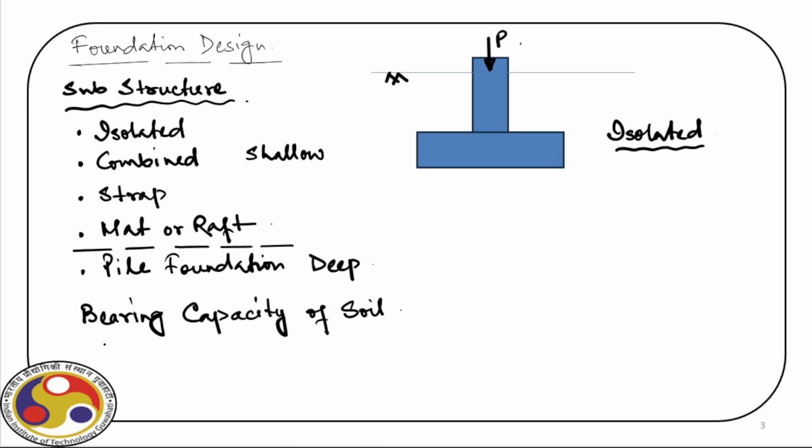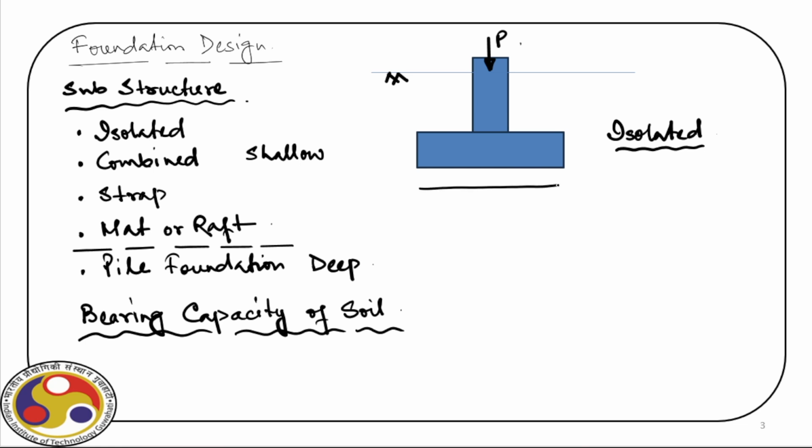Now, how do we come to know the bearing capacity of a soil? That we'll see in a minute. But before that, let us go back to the isolated footing whose schematic diagram you can see on your screen. Now, depending upon the type of soil we have, just below this pad, we have different types of pressure distribution.